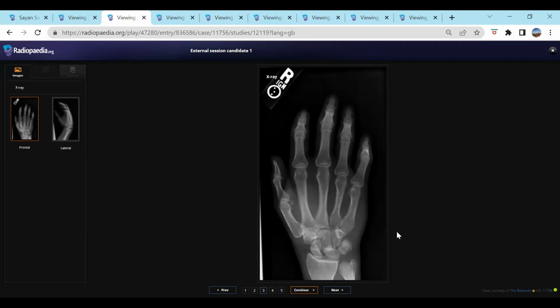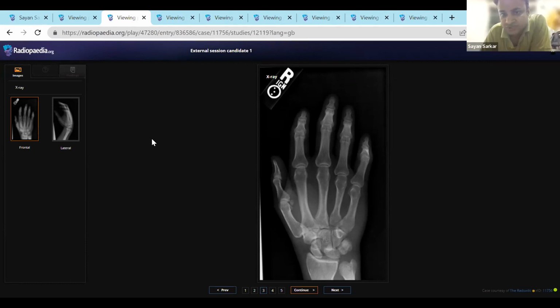Otherwise, okay, so what will you do in your usual practice? In my usual practice, I would review the other view of the radiograph. Before you go to the other view, is there anything about the carpal arcs you would like to comment on?